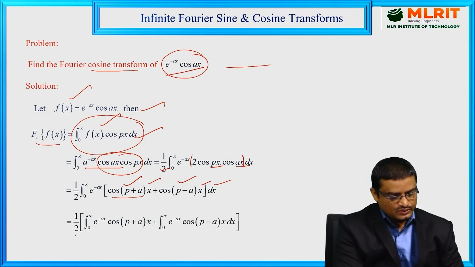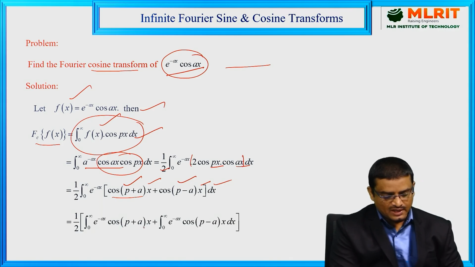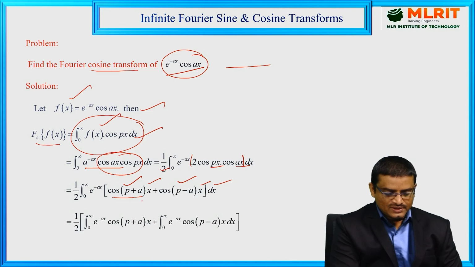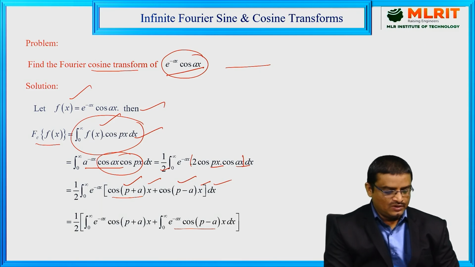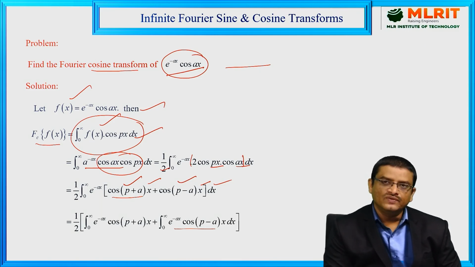This 1 by 2 is common for both terms. So 1 by 2 integral 0 to infinity e power minus ax into cos of p plus a into x, plus the second term, integral 0 to infinity e power minus ax into cos of p minus a into x dx. Now we have the formula integral 0 to infinity e power minus ax into cos bx.